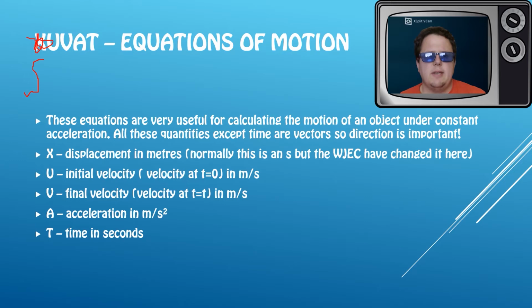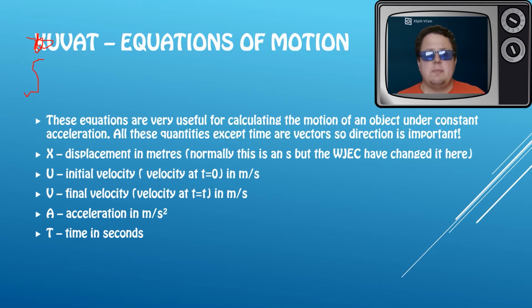Like this, we get rid of the X, it's called SUVAT. WJEC Physics basically have kept S for speed to try and make this a little bit less confusing, and have used an X for displacement instead. So these are all vector quantities, and these equations are incredibly useful in most motion, as long as we have constant acceleration.